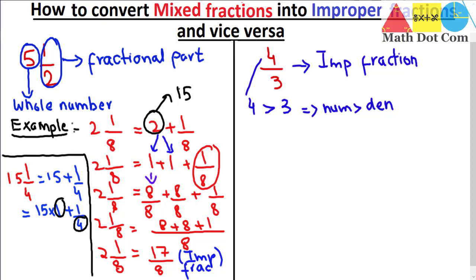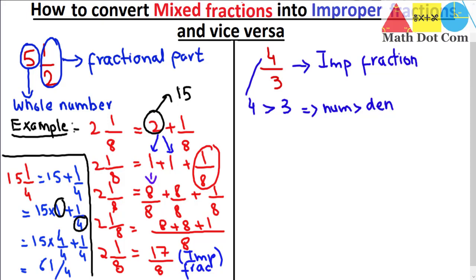So you write 15 multiplied by 4 divided by 4 plus 1 divided by 4, which is solved as 61 divided by 4. This is an improper fraction. This is how you can deal with numbers having a large whole number part, for which you can't write the ones separately.